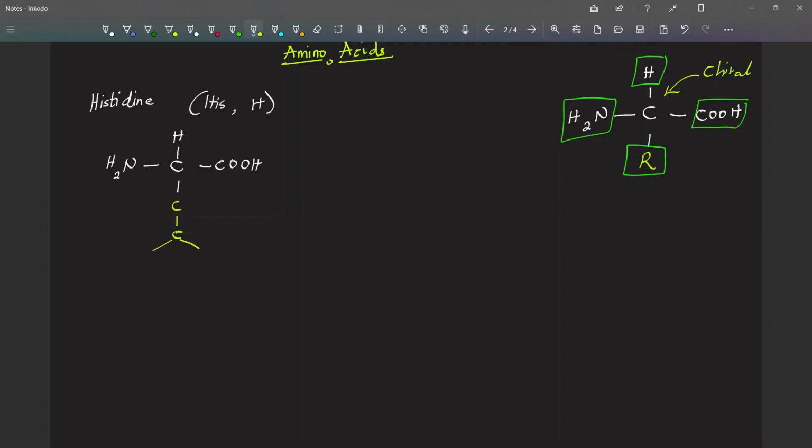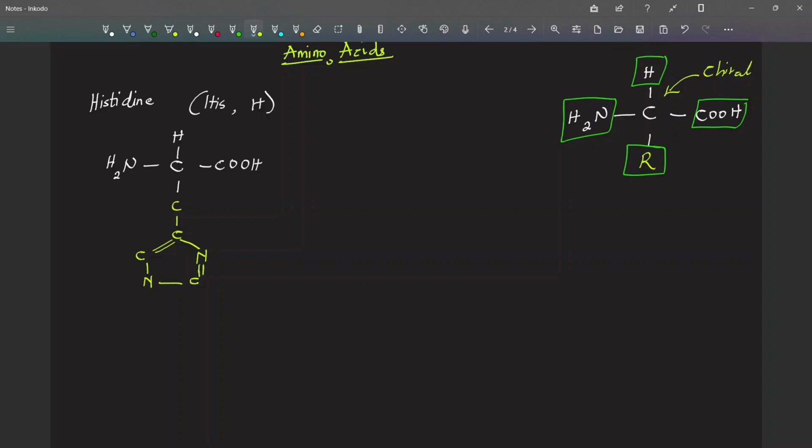On one side it has a carbon, on the other side it has a nitrogen. Now this carbon-carbon bond is a double bond, and this carbon is single bonded to a nitrogen, which is single bonded to a carbon, and this carbon is double bonded to this nitrogen over here. So we have a carbon-carbon double bond and a carbon-nitrogen double bond in this structure.